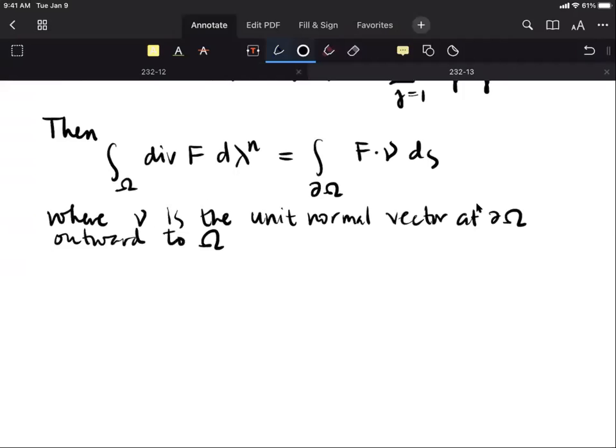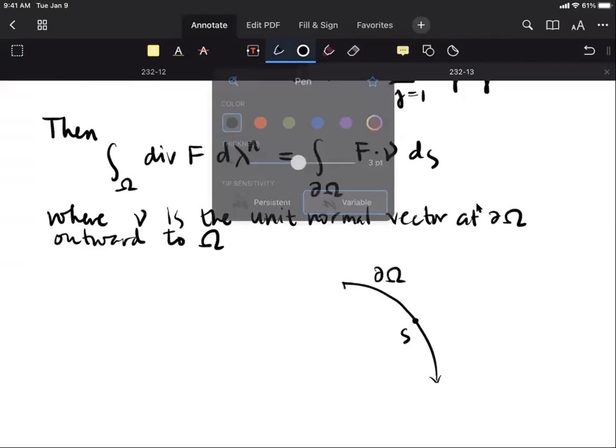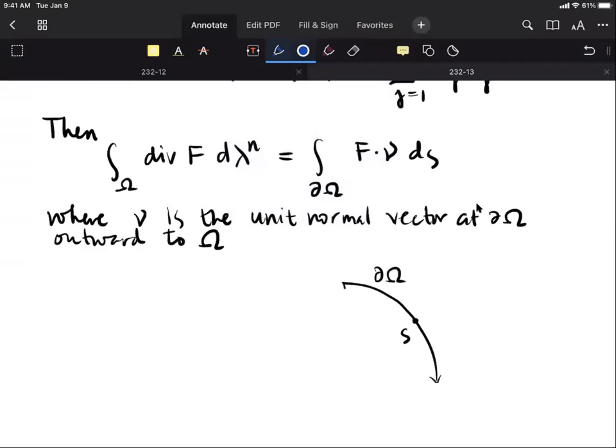So suppose this is a portion of your boundary, and you have let's say a point S on the boundary. Since your domain is C1, this portion is a graph of a C1 function, of course after some rotation.